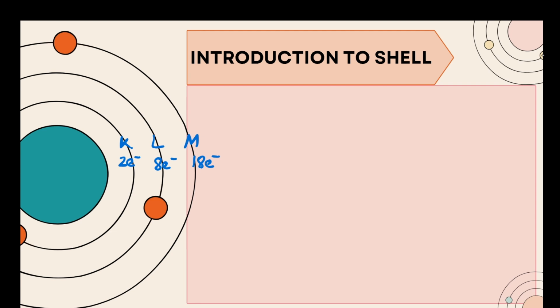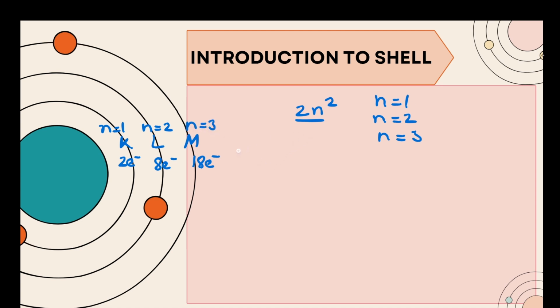Now how did we get these values? By applying the formula 2n square, we are able to calculate the number of electrons in each shell, and n corresponds to the number of the shell. The K shell is the first shell, the L shell is the second shell and the M shell is the third shell.